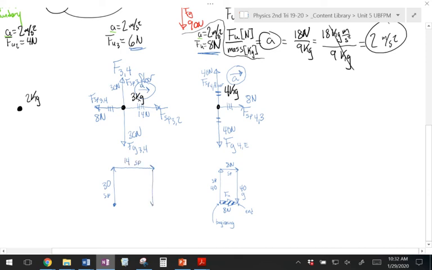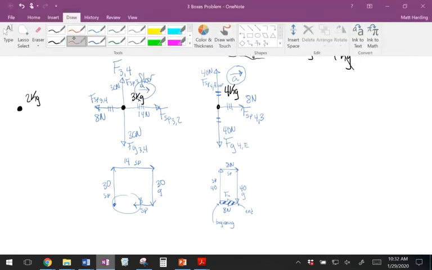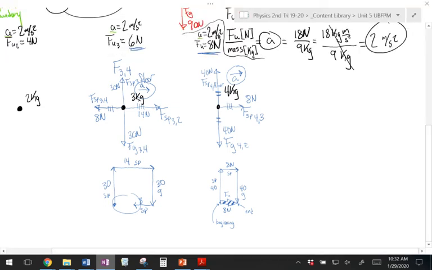I'm going to have 30 down, gravity. I'm going to have 8 to the left, smoosh poosh. That's going to leave a gap right here. Look, 14 to the right, 8 to the left. That gap is going to be a 6 Newton FU.